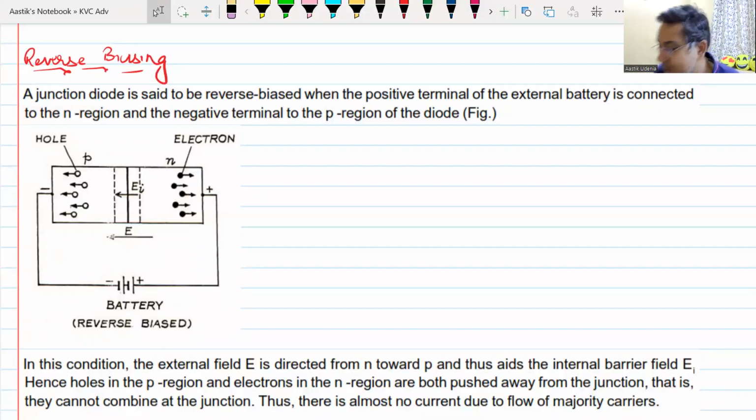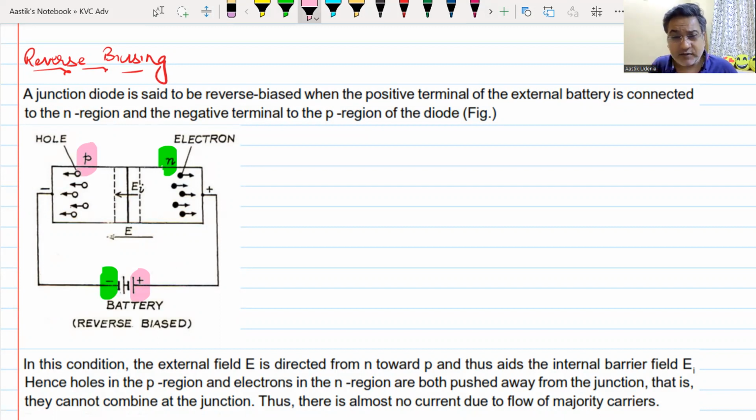The next type of biasing would be known as reverse biasing. As you can see, in a reverse bias, P type is connected to the negative and N type is connected to the positive. So what happens?